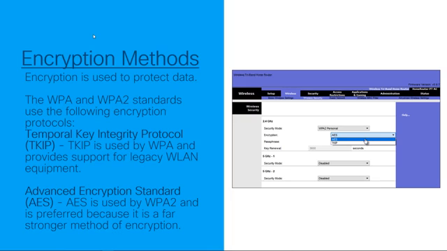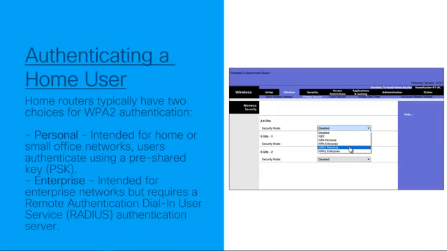Now, when data is encrypted, people would have to literally capture that data and break through the encryption in order to get to the original data. So what should we use when deploying a house wireless LAN? Well, first off, we're going to go with WPA2 authentication. We want the strongest authentication, which is WPA2 using AES encryption. However, we have two choices for WPA2 authentication.